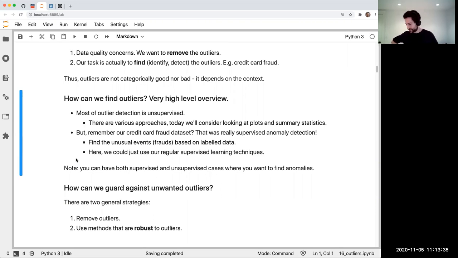We talk about some of those in 340, and you can look at those slides. But I think the problem is it's domain specific. You can try to come up with general ideas, but it is hard to do that entirely. There are many ways you could define an outlier. So yes, there are ways, but overall, it's a very nebulous endeavor.